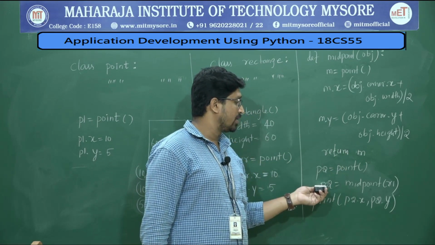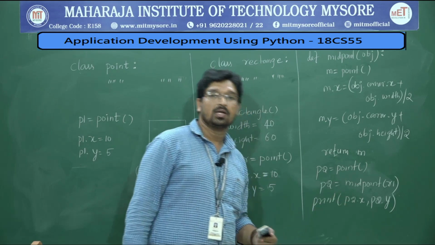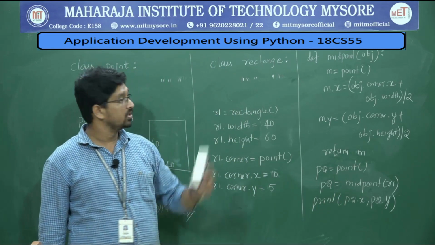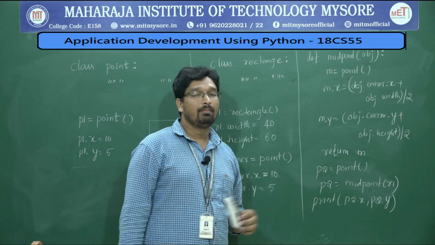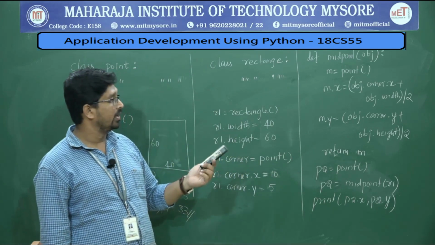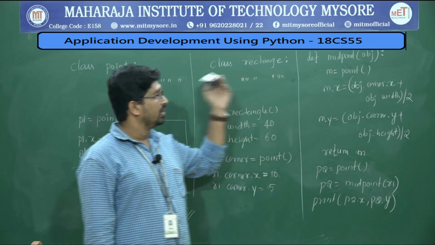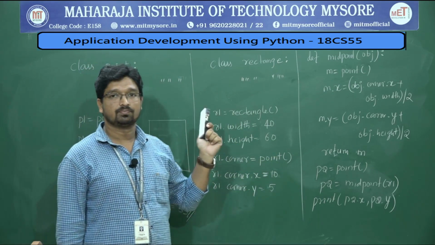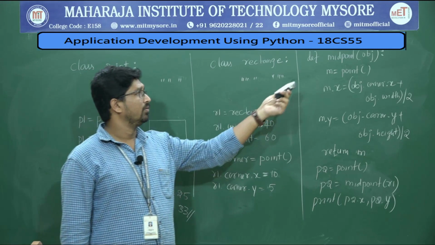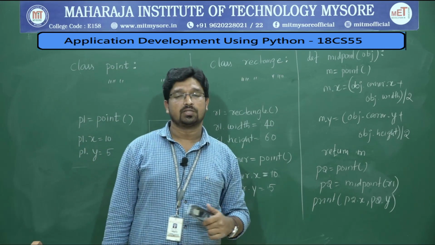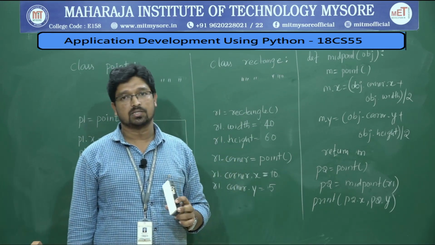So P2 contains the m value, then the P2 value gets printed. So this is how we write methods in classes, like a member of that particular class. We are writing a method which is trying to access some objects.